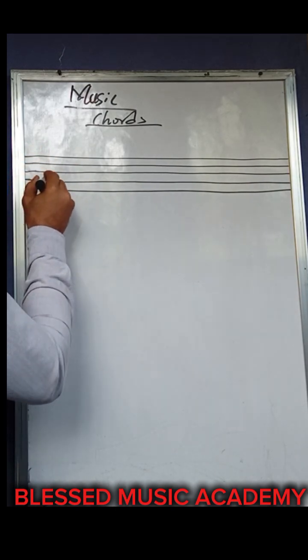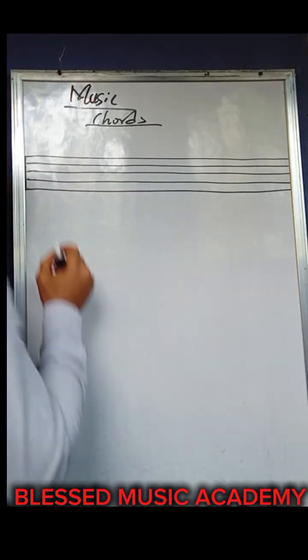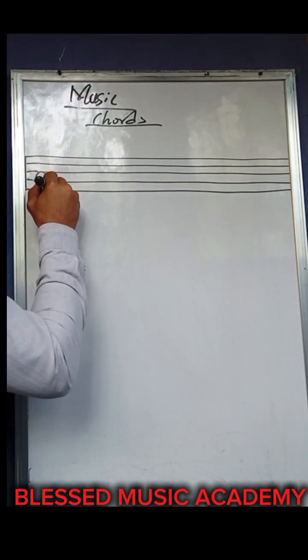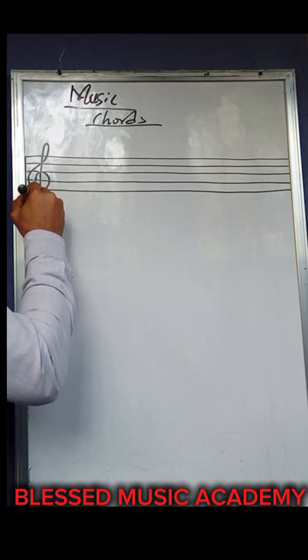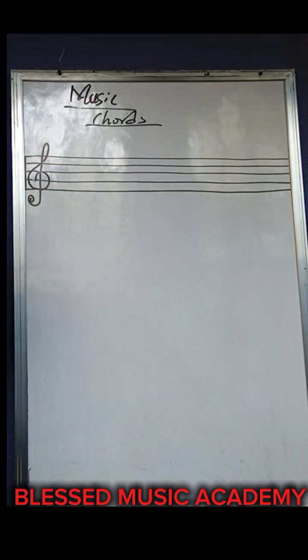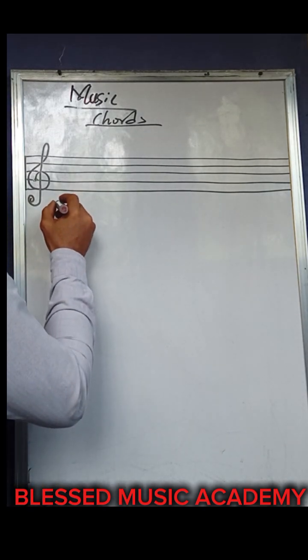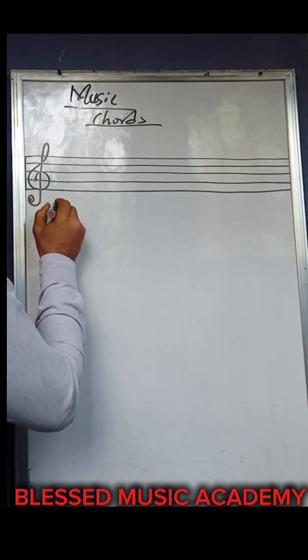So this is my 5 lines and 4 spaces. I'm using the treble staff, and since I'm doing it on C, I have to form my scale on C. This is my C.